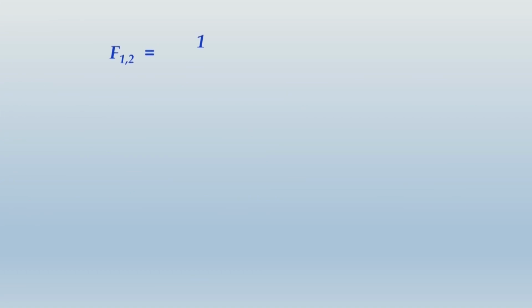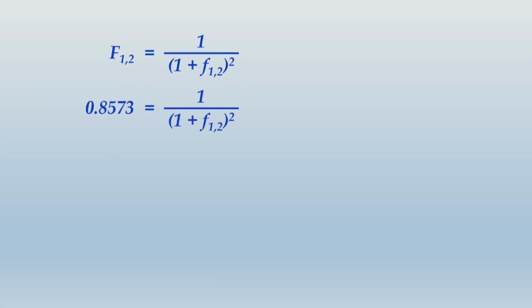If we consider F1, 2, it can be computed by taking 1 divided by 1 plus small f1, 2 raised to 2. Through that, we can actually compute the forward rate, correct? That is the forward rate applicable for 2-year loan starting in 1 year. That is small f1, 2. And when you try to make the calculation through this equation, you get the value of f1, 2.